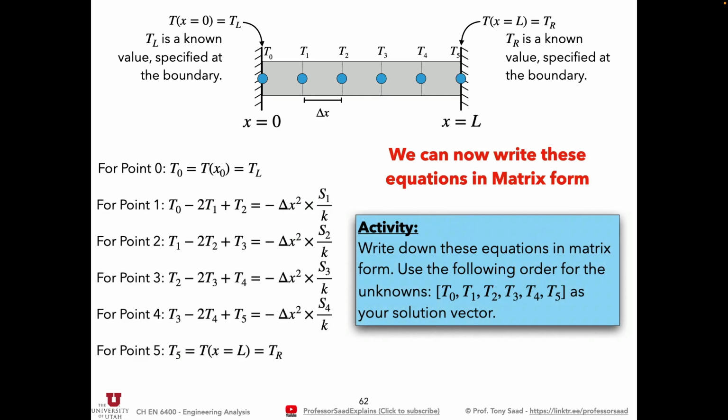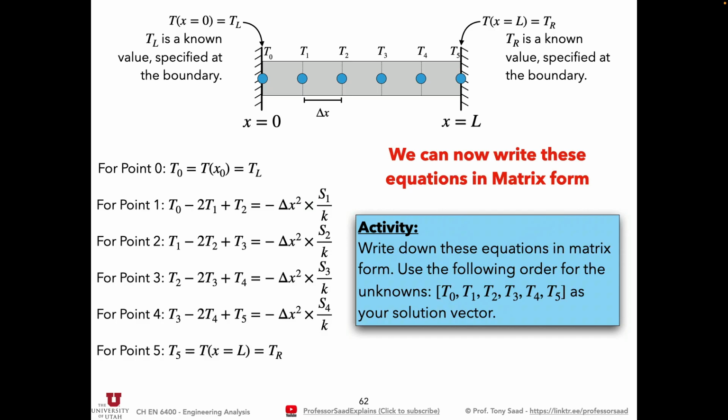So you're going to take as your solution vector T0, T1, T2, T3, T4, and T5. Put them in a column and build me the coefficient matrix on the right-hand side. Go ahead. And don't look at the slides from Canvas. So this is the layout of my solution vector. It makes sense because I'm starting from left to right.